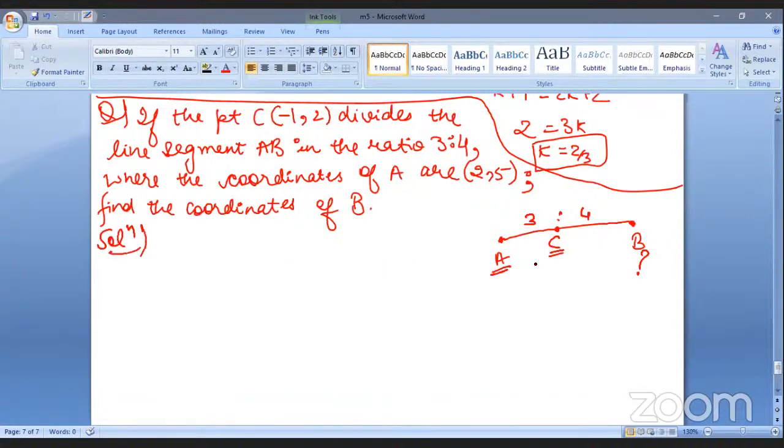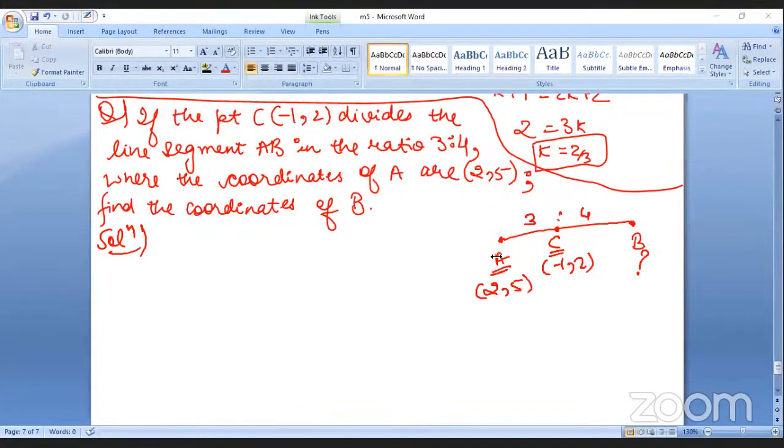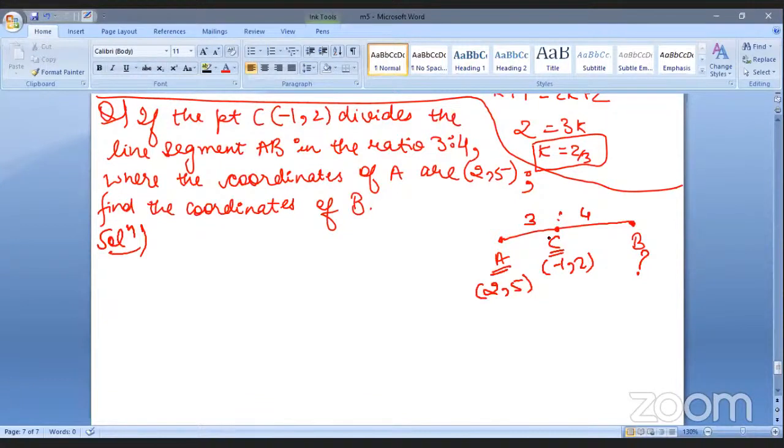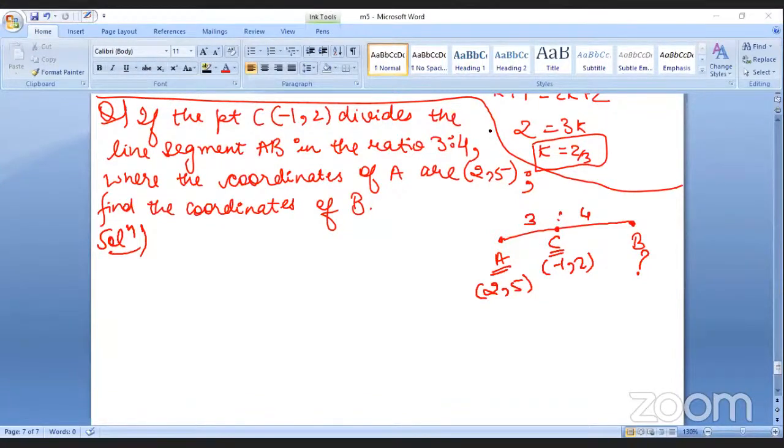So let us discuss how we can do it. Definitely, this one is particularly easy now that we have solved different types of questions. Six chats are saying (-5, 2), correct.